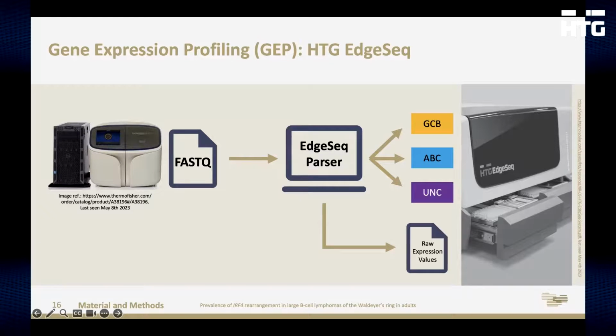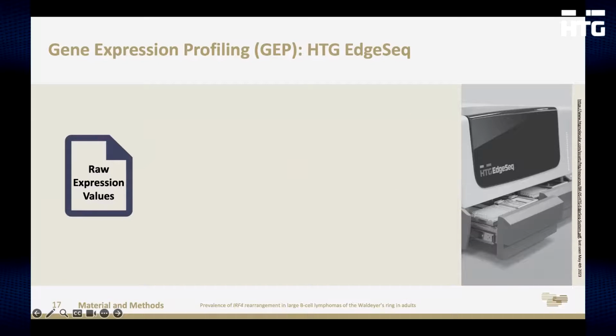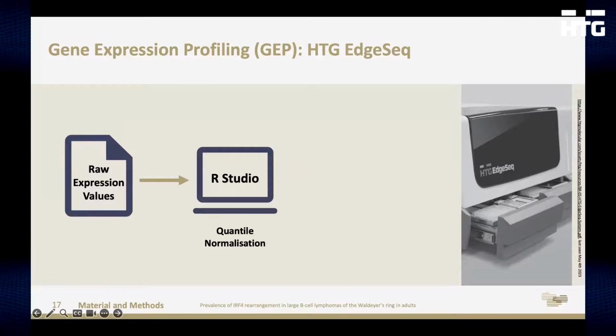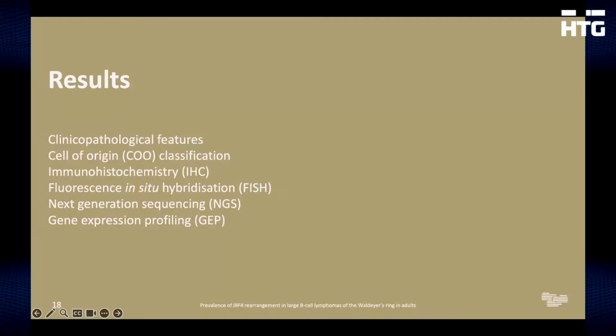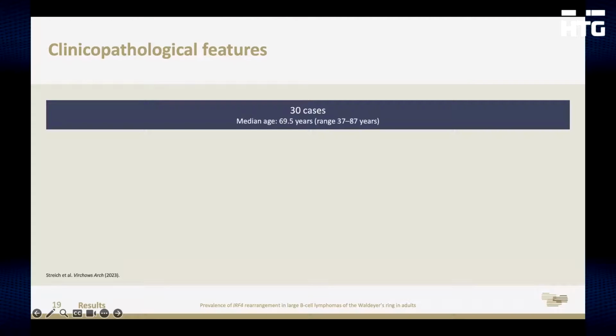Furthermore, the EdgeSeq parser converted the information of the FASTQ files into raw expression values, and these raw expression values were then transferred to RStudio for a quantile normalization and then used for statistical analysis. Now I'm showing you the most important results of our work, starting with the clinicopathological features.